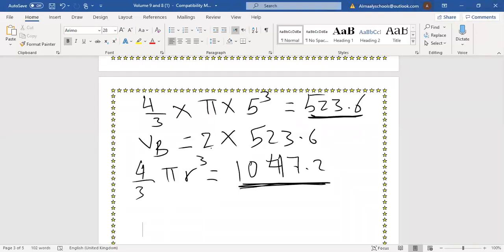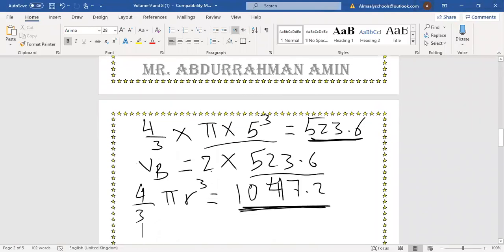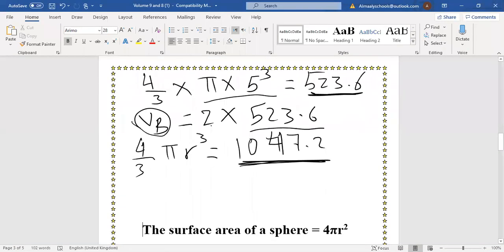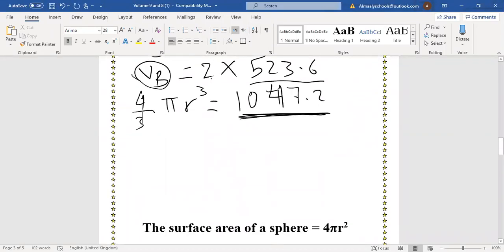Okay, we multiplied 2 by 523.6 because he said the volume of B is twice the volume of A. So we took the volume of A and multiplied by 2. But the volume of the sphere B equals 4 over 3 pi R cube. From this step, we can find the radius of the sphere B.